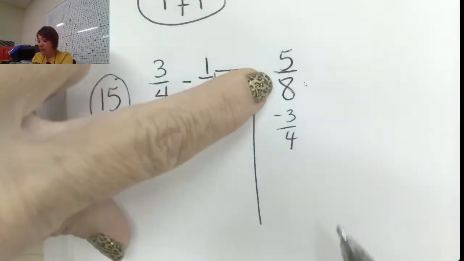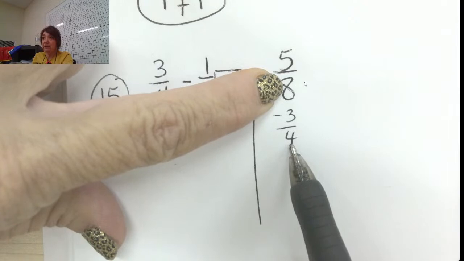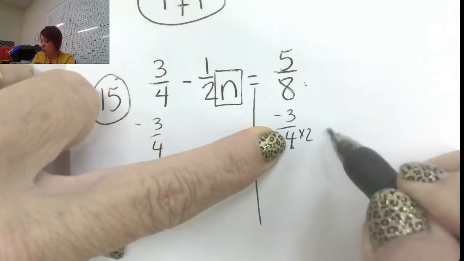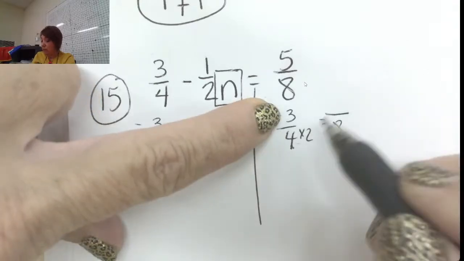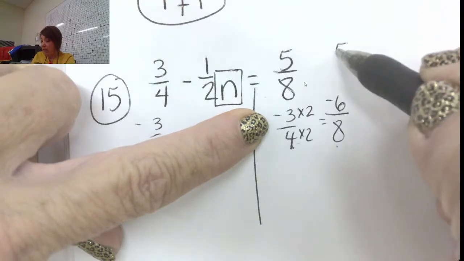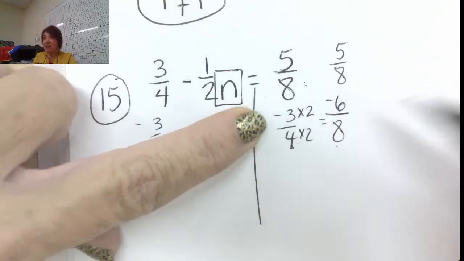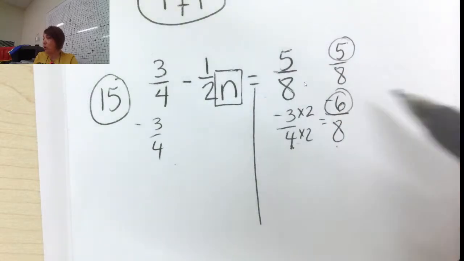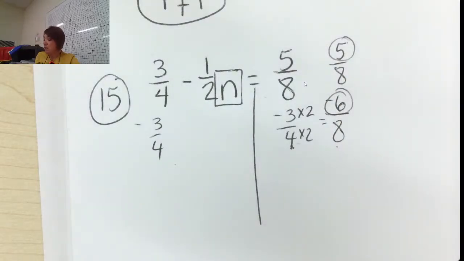So I need to make this 4 an 8. So I'm going to multiply that 4 times 2 to make it an 8. But if I do it there, I also have to do it here. So that means I have 5/8 minus 6/8. When you subtract fractions, you subtract their tops and leave the bottom the same. So what is 5 minus 6?